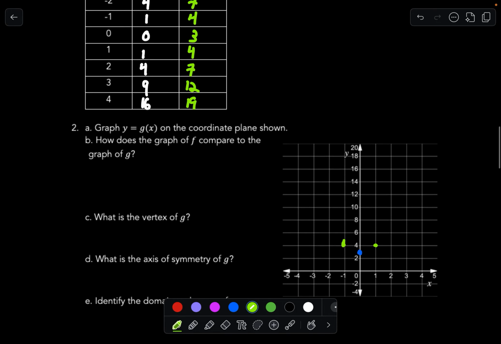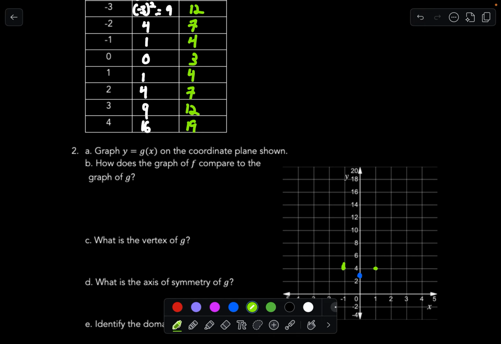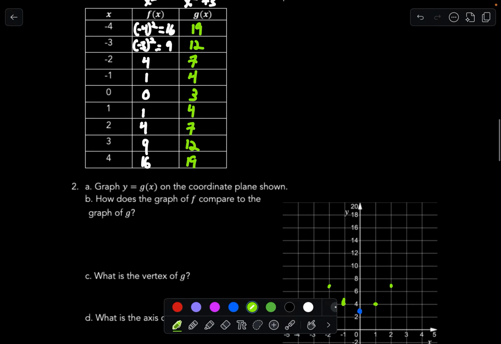Notice it's on both sides. 2, 5. 2, 7. 3, 12.